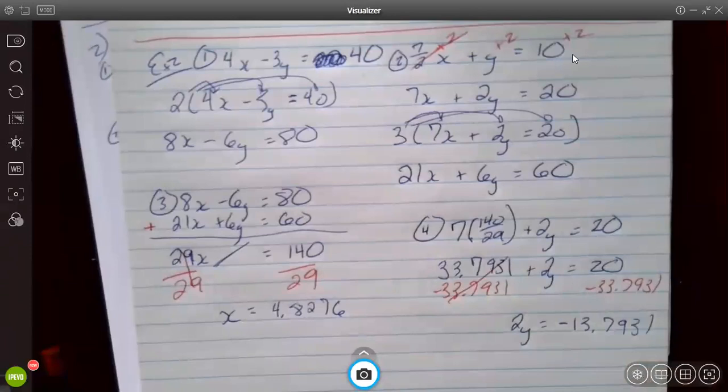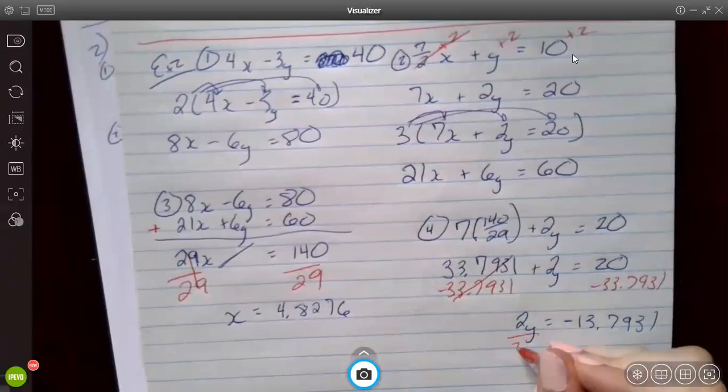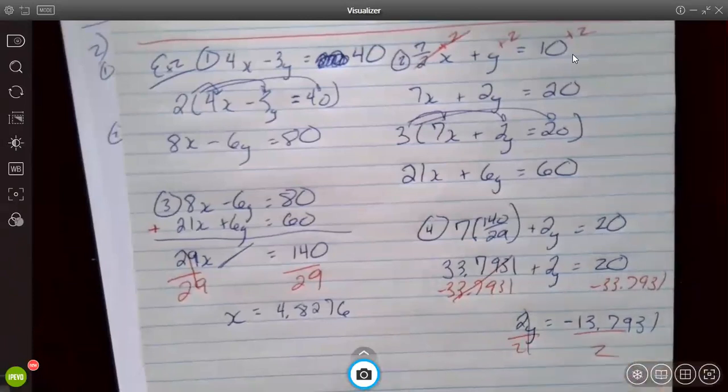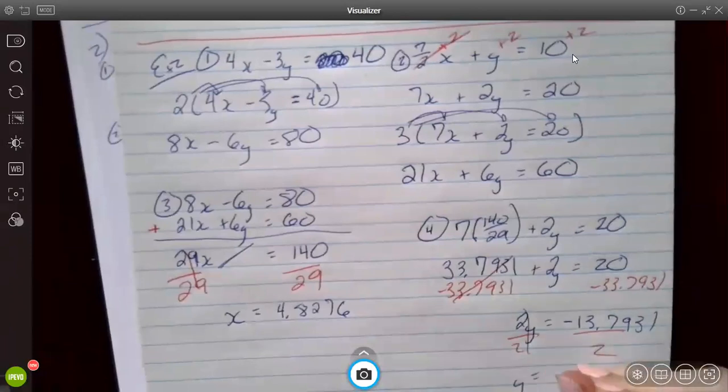Yes, excellent. And then, of course, we divide by 2. So your y is negative 13.7931.